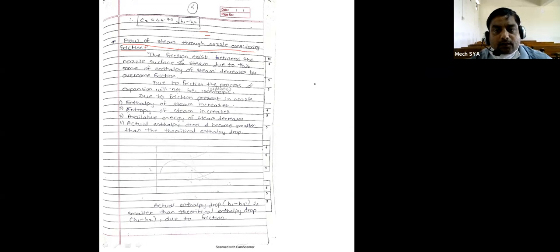Now here also let us consider this T-S diagram first. Already it is drawn there, with this faint H-S. This is our saturated curve, only we are interested in the nozzle part. Let us consider this as the boiler pressure, and this as the condenser pressure. Now 1 to 2 is the isentropic enthalpy drop.